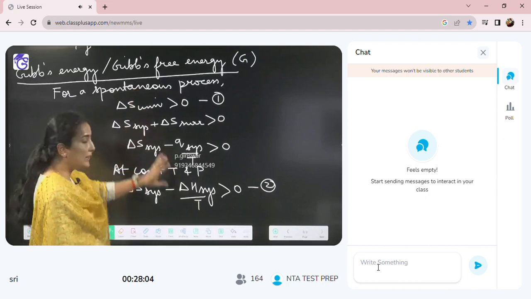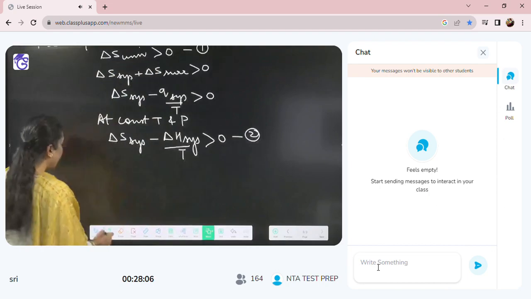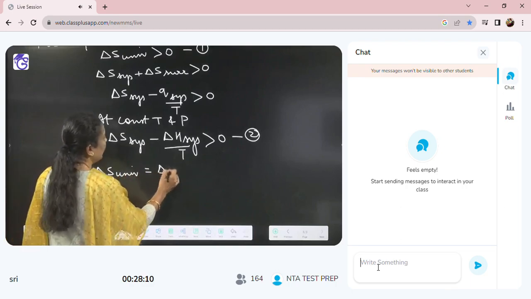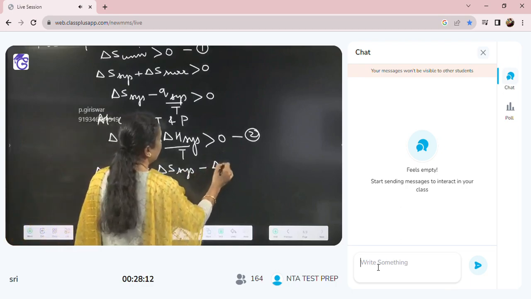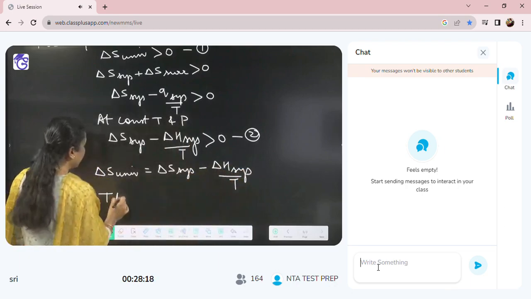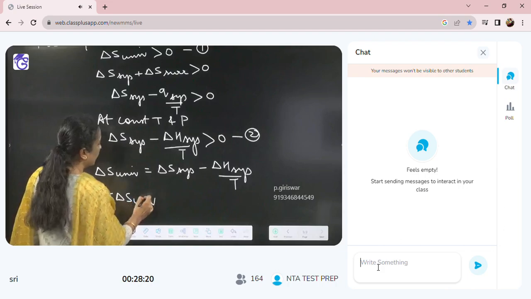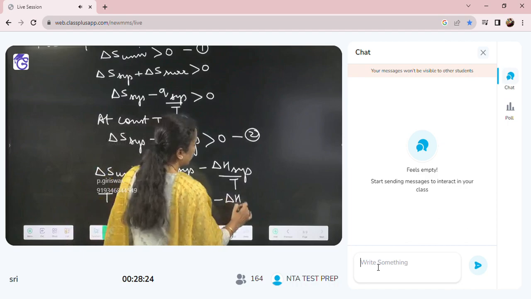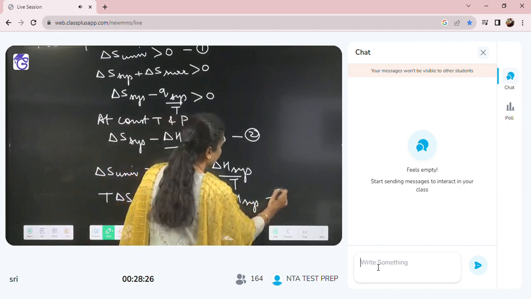So I can easily compare these two also. So I can write here delta S universe equal to delta S system minus delta H system upon T. And if I further simplify this, this will become T delta S universe, that is equal to T delta S system minus delta H system. Let us mark this as equation number 3.